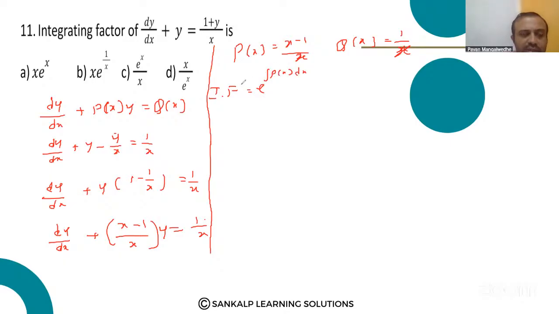We already know p of x is x minus 1 by x, so the integral of x minus 1 by x dx can be resolved by simplifying the fraction inside the integral. x minus 1 by x is x by x minus 1 by x, which is 1 minus 1 by x.